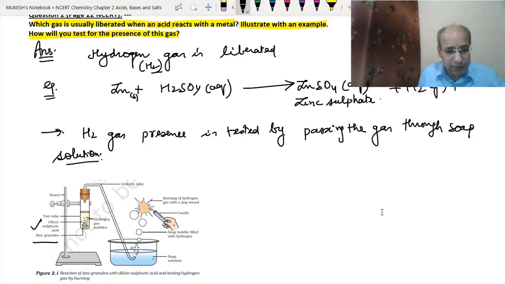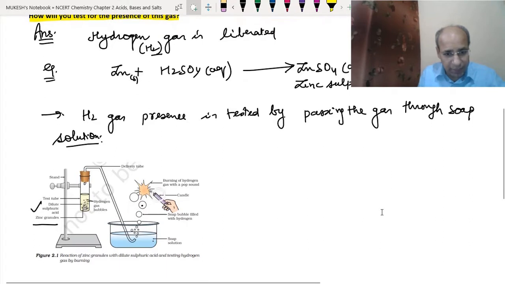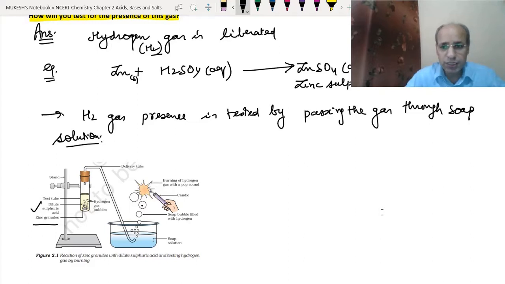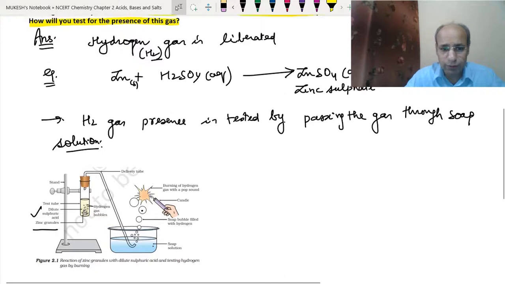When we pass the gas through the soap solution, bubbles containing the gas will form. That means these bubbles have the hydrogen gas. When we bring a burning matchstick near these bubbles, they will burst and burn with a pop sound. This is how we can test the presence of hydrogen.